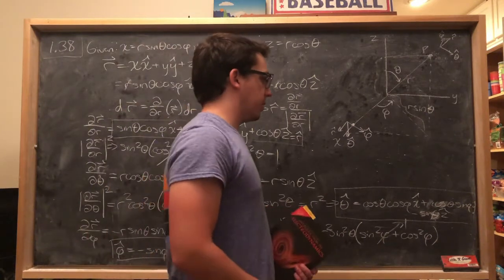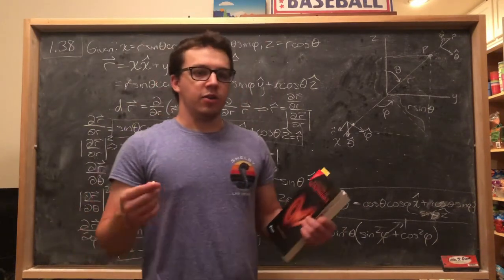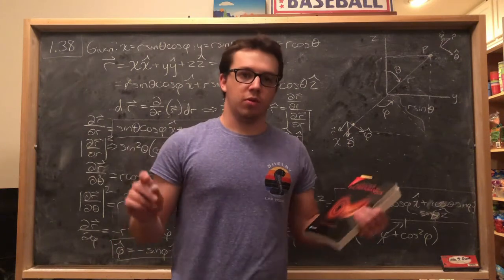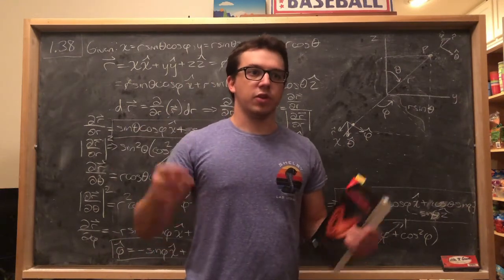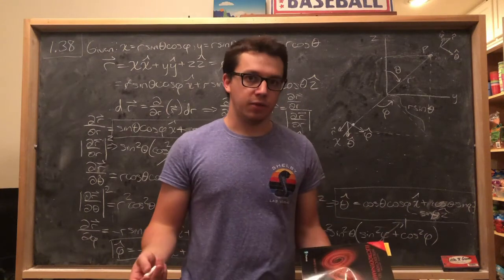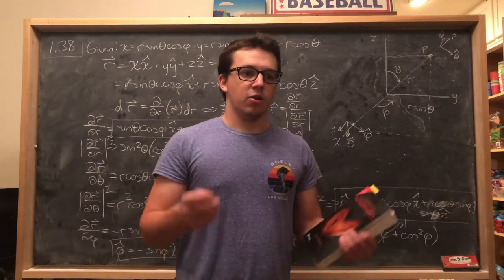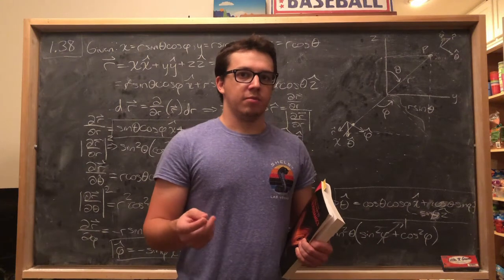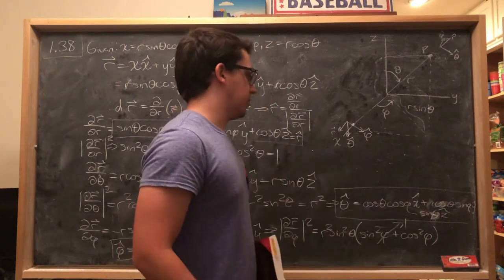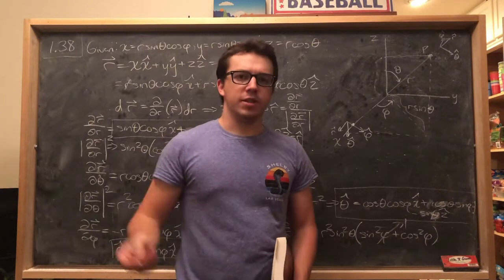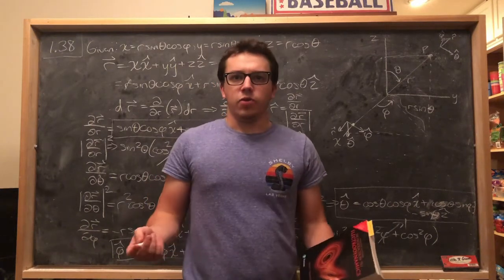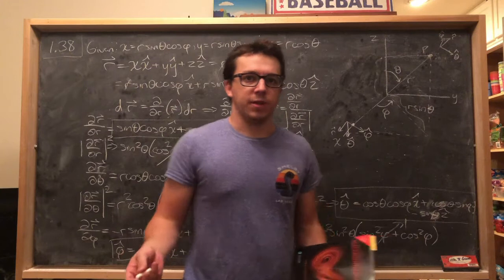Another thing we could look at is making sure that these unit vectors form what's called an orthonormal basis. And that basically just means that each of these unit vectors are normalized. They have a magnitude of 1. And that they are orthogonal to each other, or perpendicular to each other at all times, and at all positions. And the way to do that would just be taking dot products of these things with themselves.